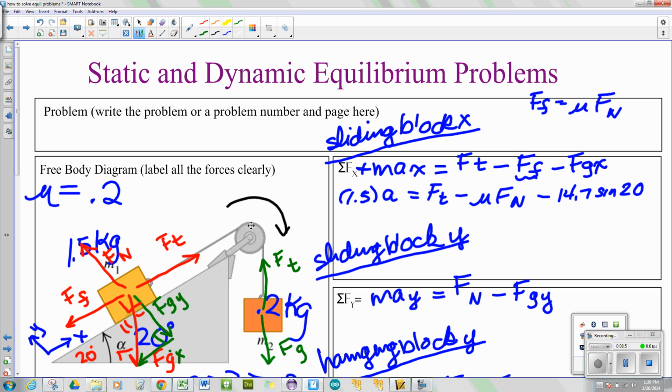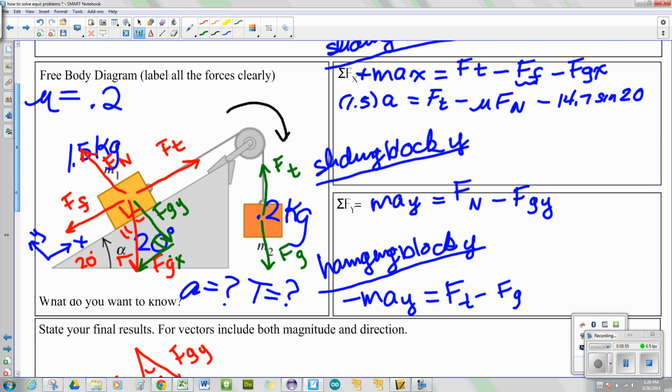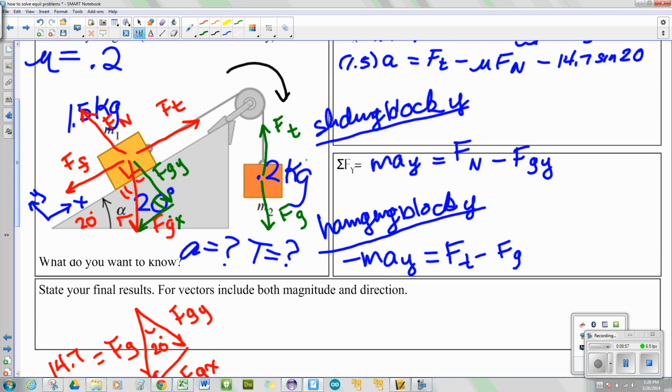Now I'm going to do the same thing for each of my other two, just to put in as much information as I know so I can solve. Let's think about this acceleration right here. This block is accelerating in this direction according to my hypothesis. Even if I'm incorrect and it's sliding this way, it is still not going to be accelerating perpendicular to the board. It's not going to go this way or this way.